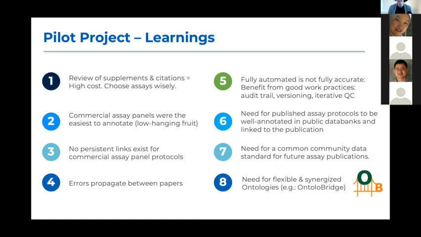And then finally, going back to the ontology bridge, it's been mentioned a few times, there's really a need for flexible and standardized ontologies. The people we were dealing with in this project were really excited about FAIR. They had some familiarity with it, but none of them are ontologists. And we had a number of ontologies that we used during the project: BAO, CLO, DTO, PR, PRO, units ontology.